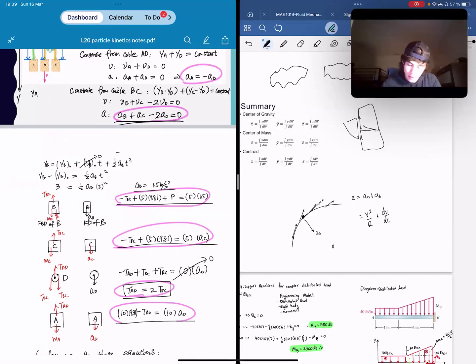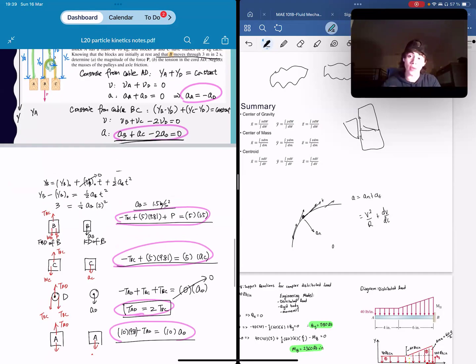By considering each block, she was able to identify the forces, knowing that it's the same cable, and identify the accelerations of each with the given information, because she got information for the different accelerations in some cases.